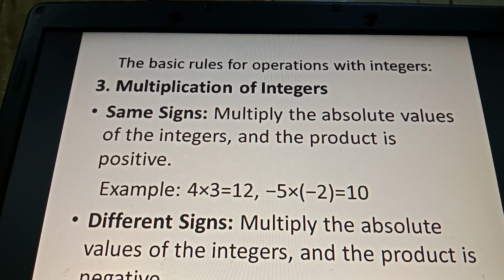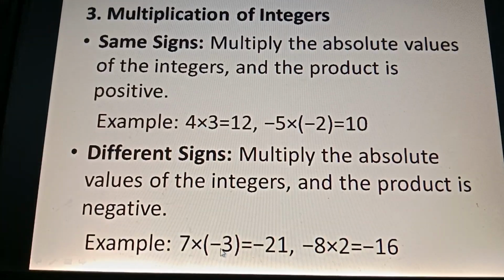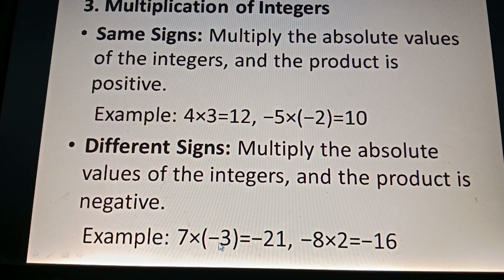Yes, 7 times negative 3 is equal to negative 21. And negative 8 times 2 is negative 16. So you multiply the absolute values of the integers and the product is always negative.